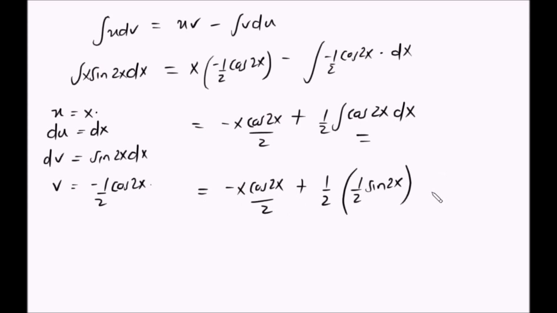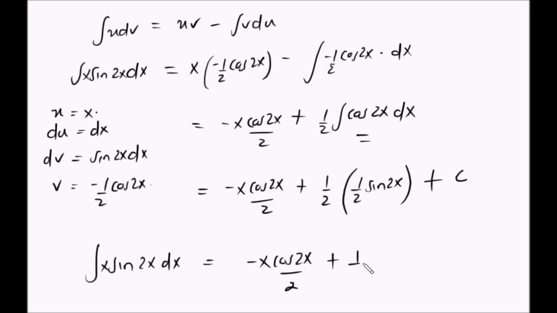Now once you have integrated everything, then you can add plus c, where c is a constant. So the final answer will be negative x cos 2x over 2 plus 1 over 4 sine of 2x plus c, where c is a constant.